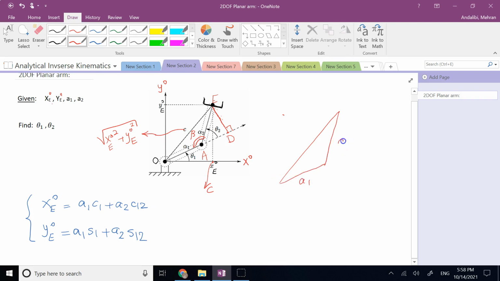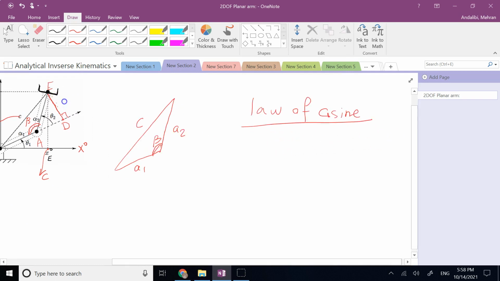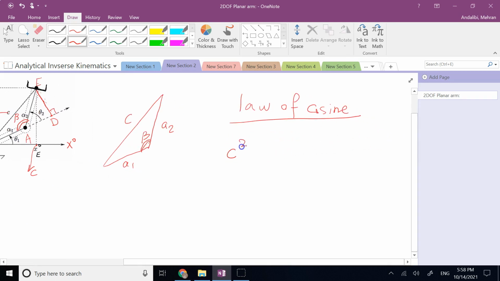This is A1, this is A2, this angle is beta, and this side is that C. How can I find C? Using the law of cosine. The law of cosine says C squared equals A1 squared plus A2 squared minus 2A1 A2 cosine of beta.